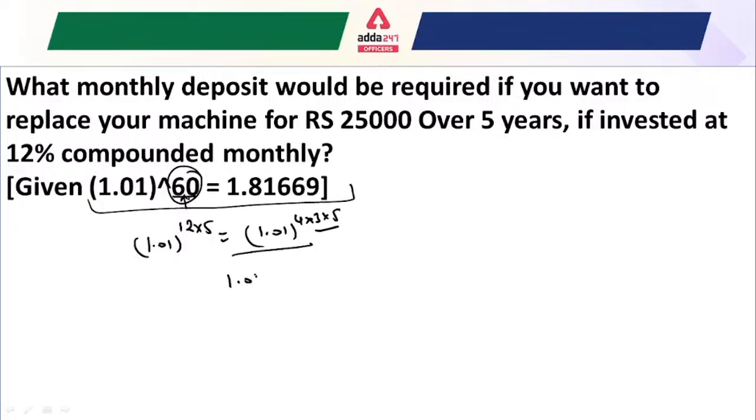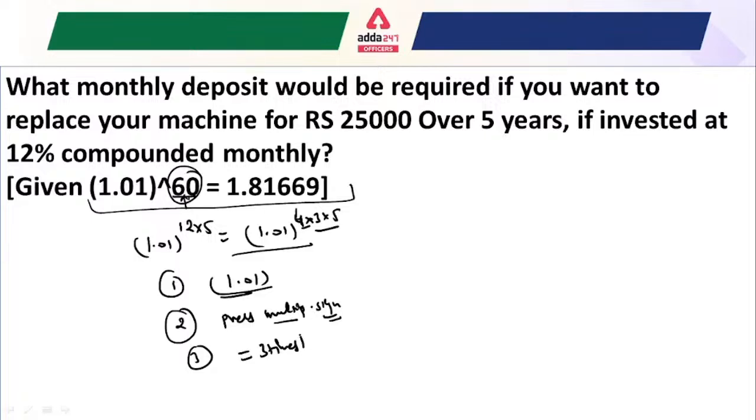In your calculator, type 1.01 and then press the multiplication sign. Because this is a 4, press equal 3 times. Now because you have to calculate for the 3, press the multiplication sign again, and press the equal sign 2 times.